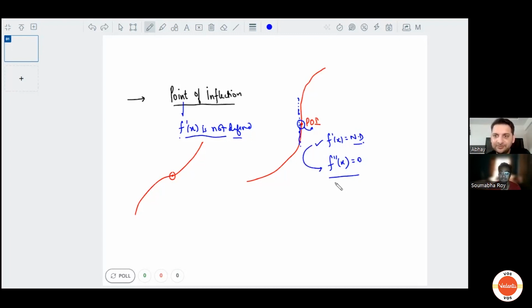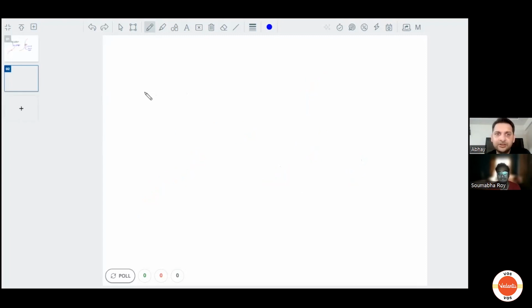SOUMABHA, the log of 1 plus x expansion. Can you derive it, like from the Taylor series expansion? No, sir, I have read the theorem, but okay. No issues. The question is, is this series defined for large values of x, maybe 2000?